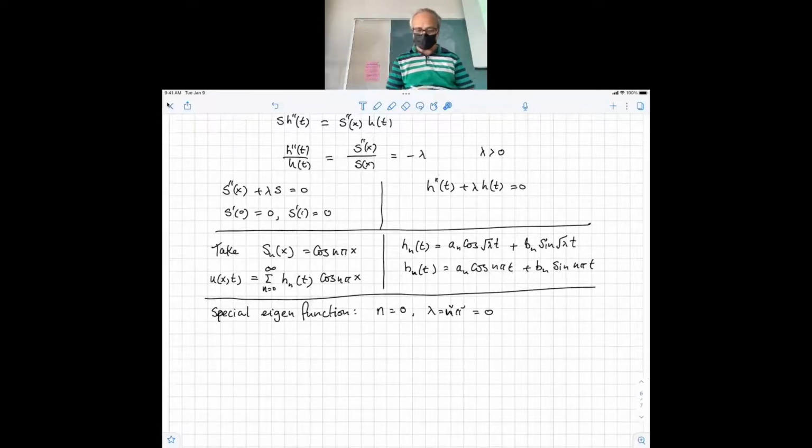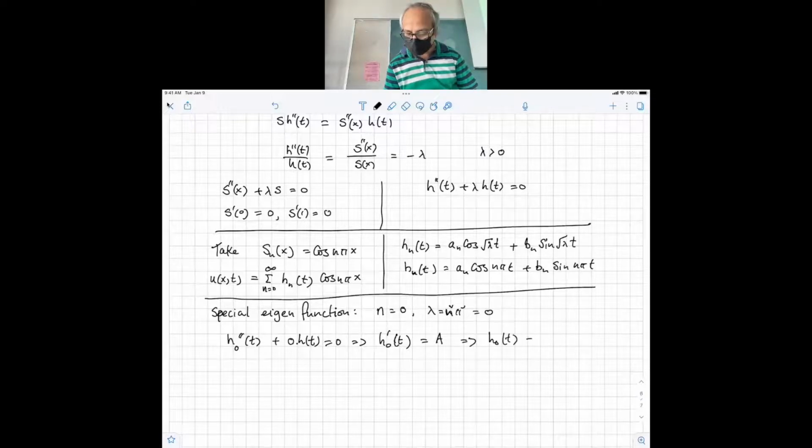Okay. So for this special case, since lambda is 0, h 0 double prime of t plus 0 times h of t equals 0. So you get h prime of t is a constant a, and then h 0 of t is at plus b, or c1 t plus c2, it does not matter the symbol.